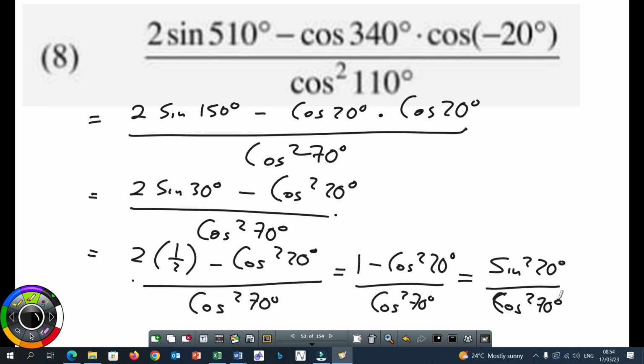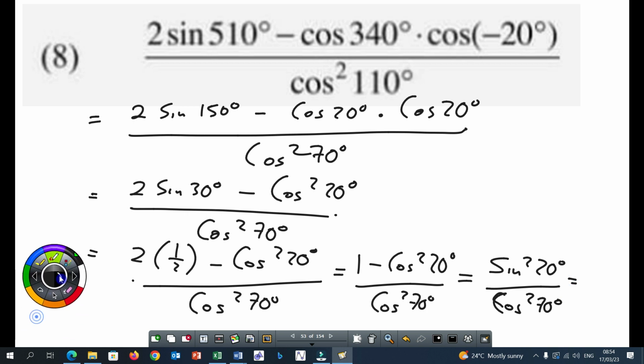But then, in the denominator we have cos 70, in the numerator sine 20. They are co-ratios. So I can convert the cos 70 to sine 20 or convert the sine 20 to cos 70. In the end, the answer is going to be a 1. But before I write the answer is a 1, you need to convert.